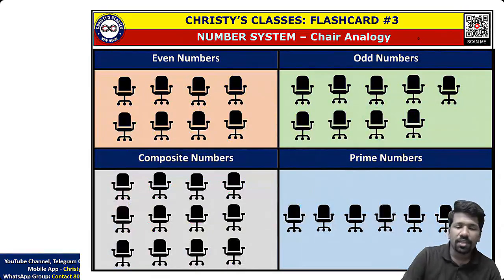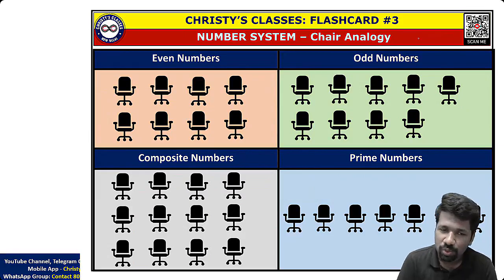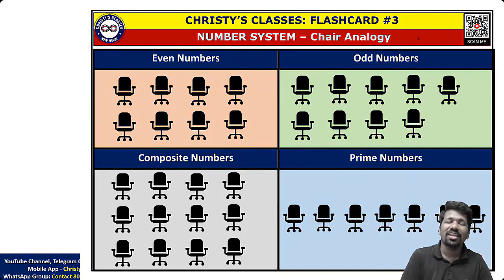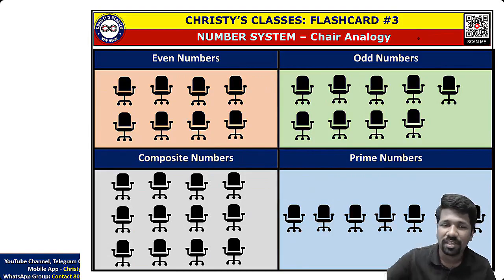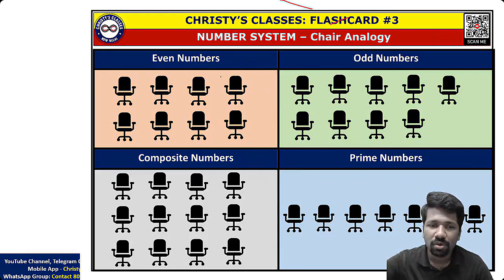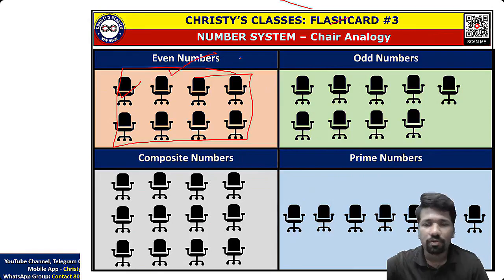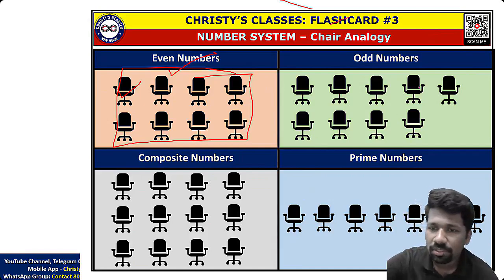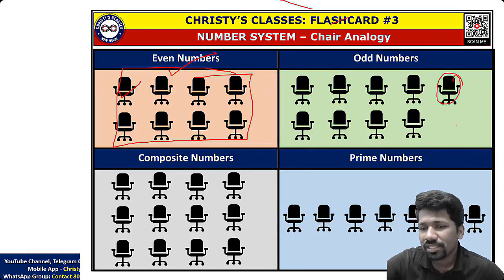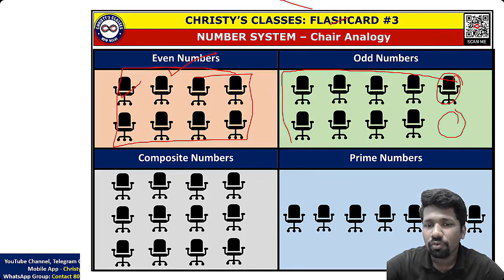Now, on classification of numbers, we use the chair analogy to learn this better. New students, we are going to learn this in detail. Chair analogy to understand numbers better. Even numbers are numbers which can be formed into chairs in a rectangular format with 2 rows and any number of columns. For odd numbers, however much you try, you will have 1 extra chair or 1 chair less when you make it into 2 into something format.